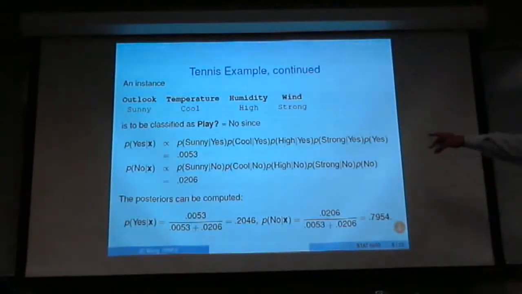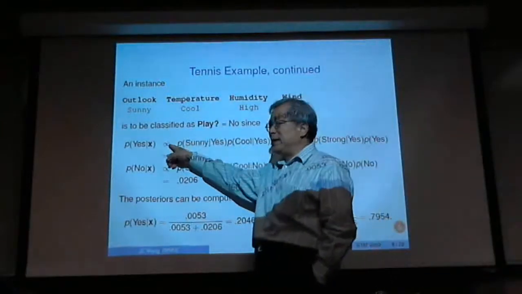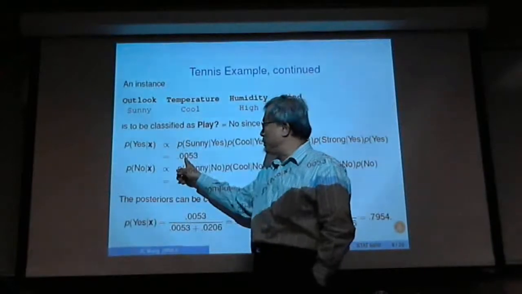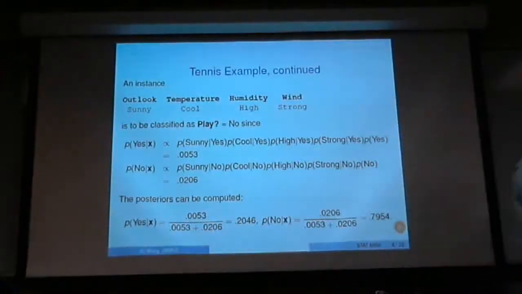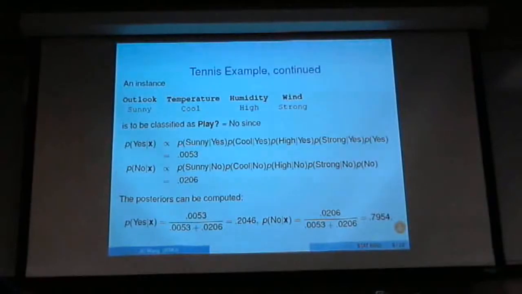Both are proportional to this, so we don't have to do this exactly. It is proportional to 0.0053, so you can just compare them, and we can actually stop here unless you want to calculate the exact posterior probability. By this, we know that this proportion is higher than that.